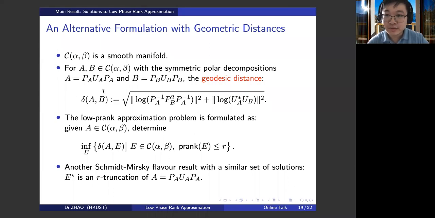With this metric, we can very easily formulate an alternative low phase rank approximation problem in this way.